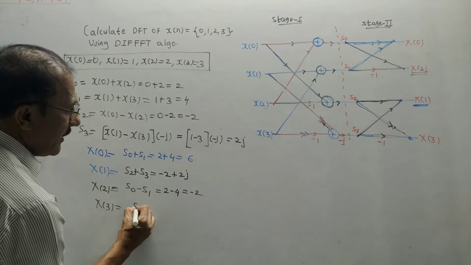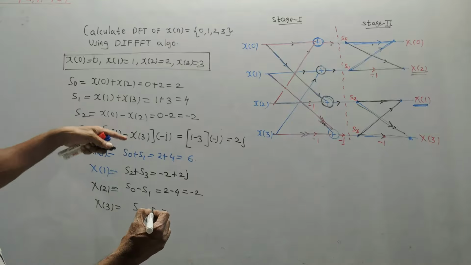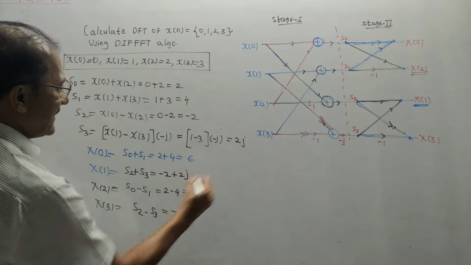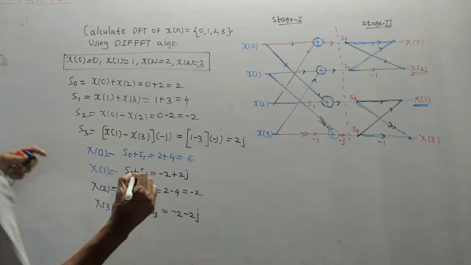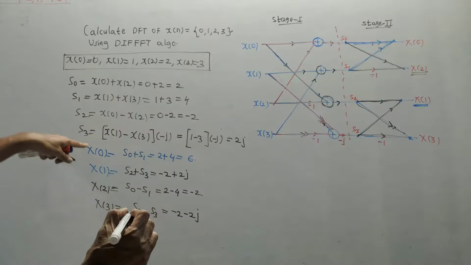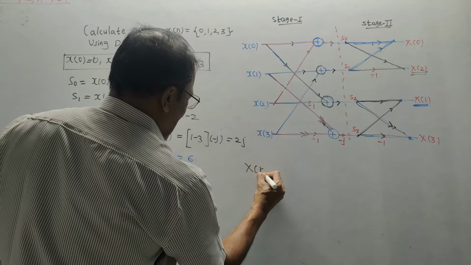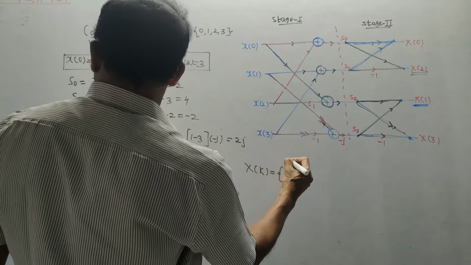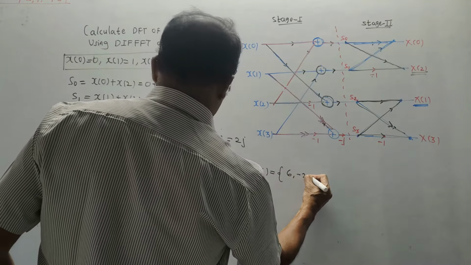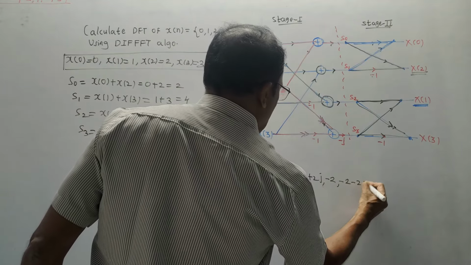So it is S2 minus S3. Again refer the earlier values. So S2 is minus 2 minus S3, that is minus 2j. These are the answers for x0, x1, x2, x3. Now final answer is to be written as a sequence. So the answer is, first answer is 6, then minus 2 plus 2j, minus 2, then minus 2, minus 2j.